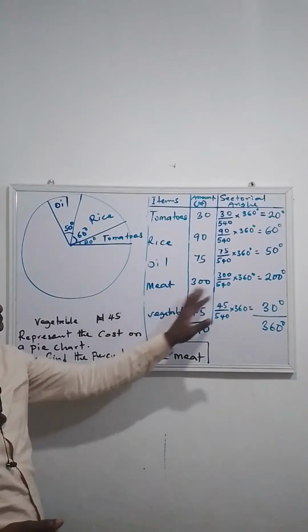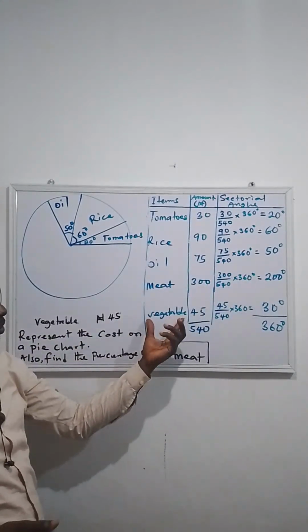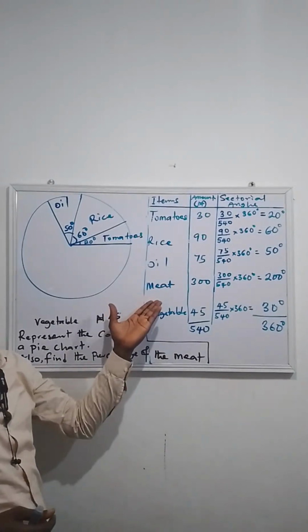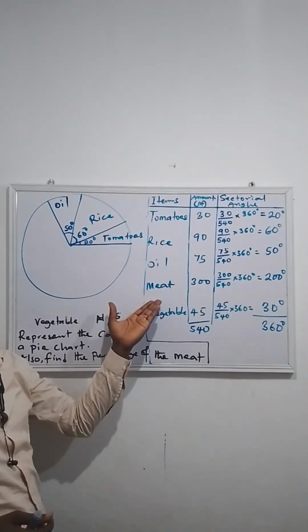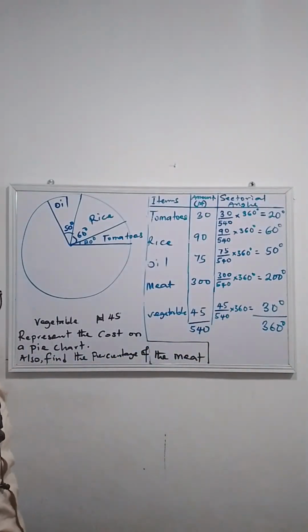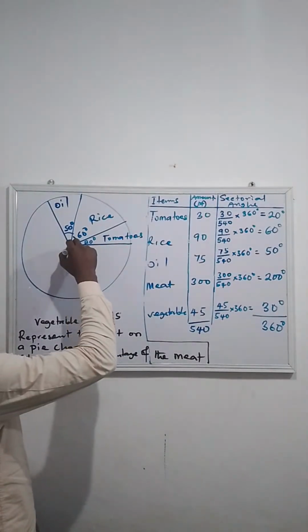Okay. Now, the next one is meat. I will not measure meat. Let me measure this, vegetable. So I'll measure vegetable. The remaining is going to be the meat. Do you understand that? Okay. So now you can measure vegetable. Vegetable is 30 degrees. So measure 30 degrees.